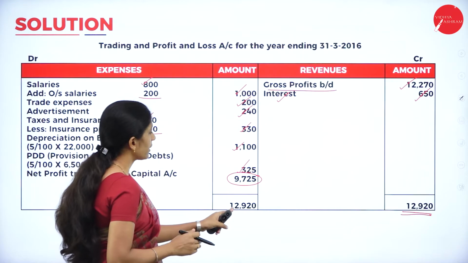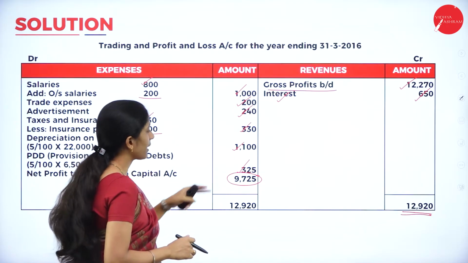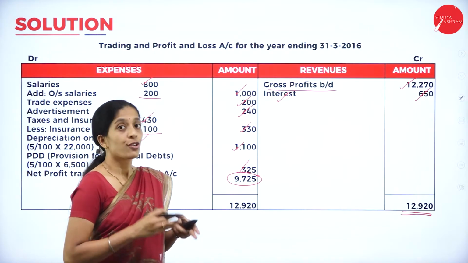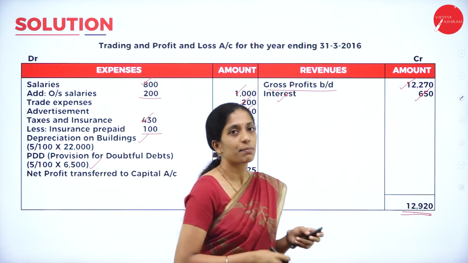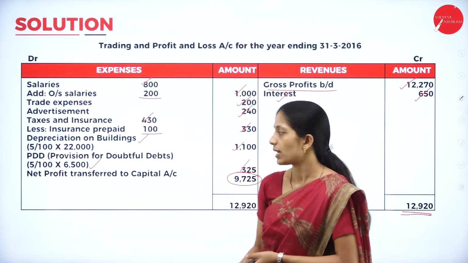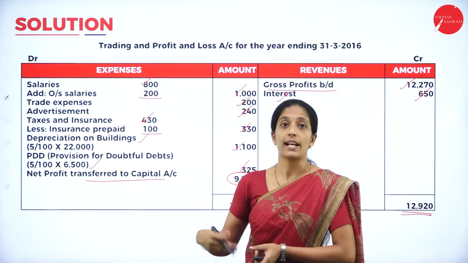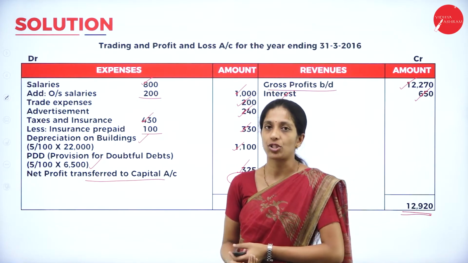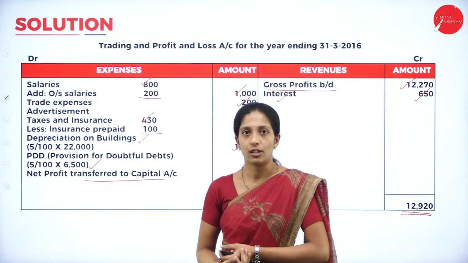That is 12,920 minus all these items. So we'll get 9,725. So what is it? Your credit side is more than debit side. It means what? Net profit. So net profit transferred to capital account or net profit transferred to balance sheet. So this is how you are going to prepare your trading profit and loss account.